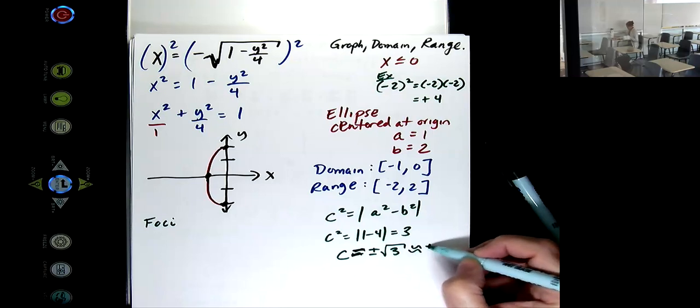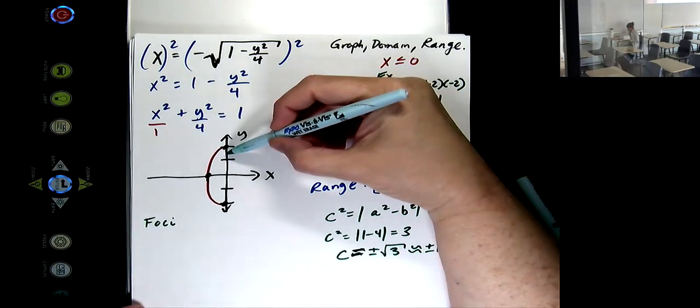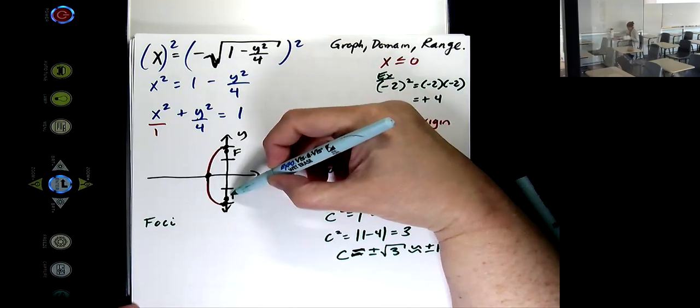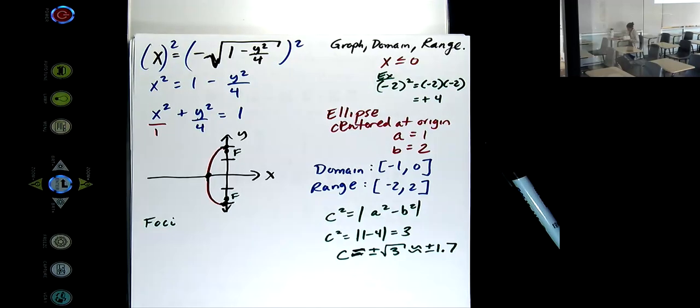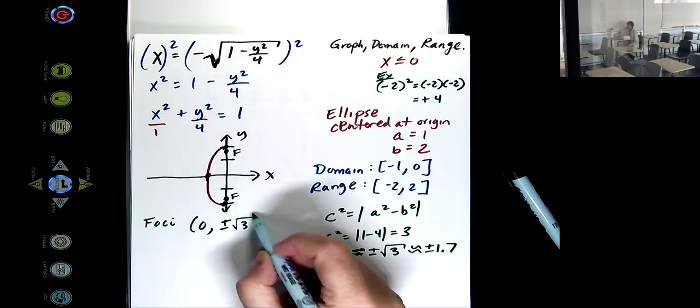It's approximately 1.7, I think, to 1 decimal place, which puts the foci close to the top and bottom. F and F. So if I wanted to put them as coordinates, it would be 0, plus or minus square root of 3.